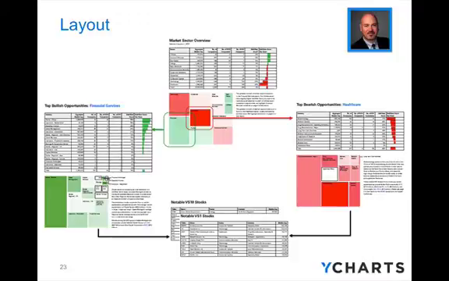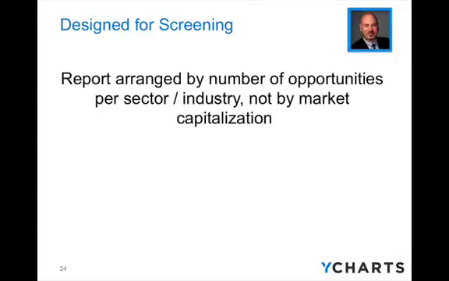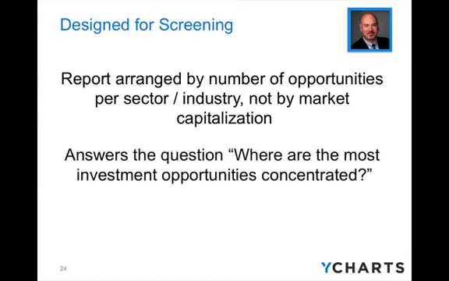Now, the important thing to remember about this report is that it's designed for screening. The report, as you've seen, is arranged by the number of opportunities per sector and industry, not by market capitalization. Because of this, it's meant to answer the question, where are the most investment opportunities concentrated, not where are the largest cap opportunities concentrated.